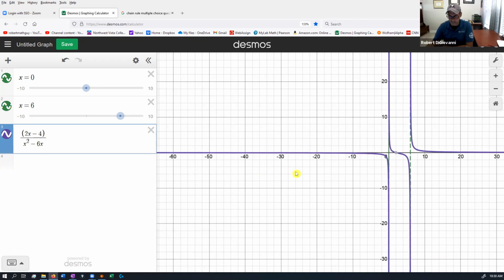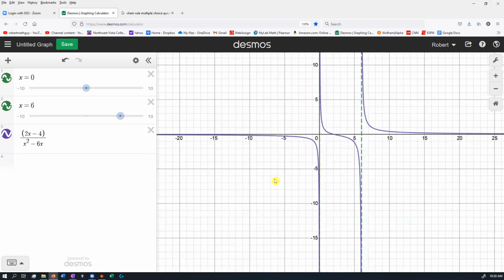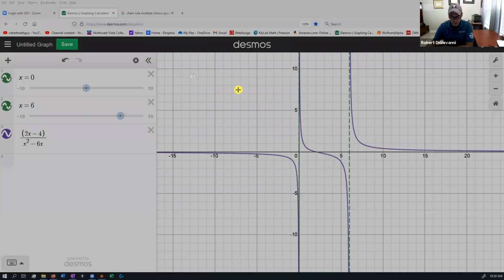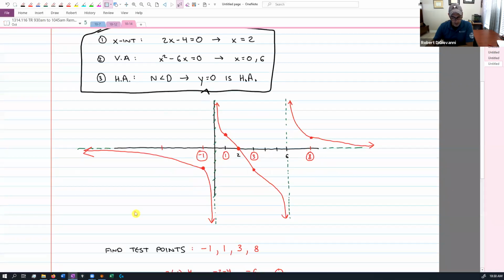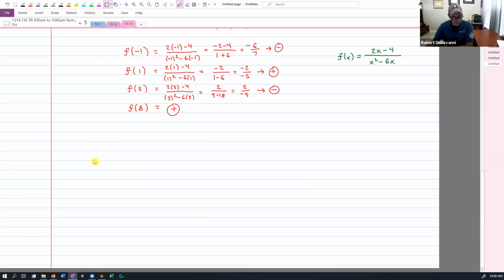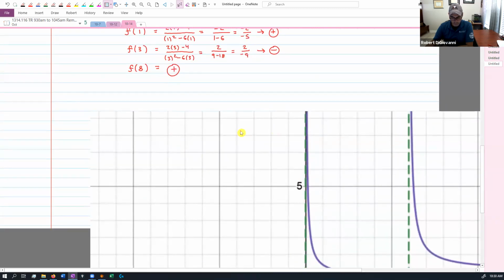That was the graph? Yeah. Okay, there it is. So there's the graph from the computer. And here's our graph. There we go.